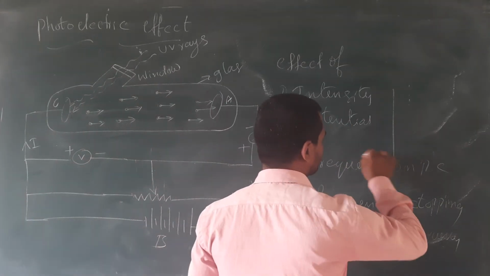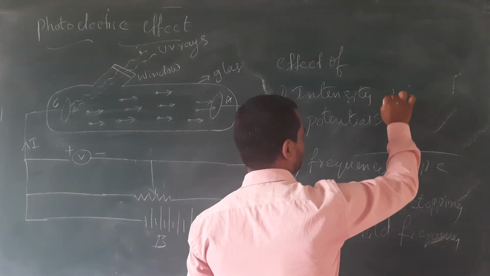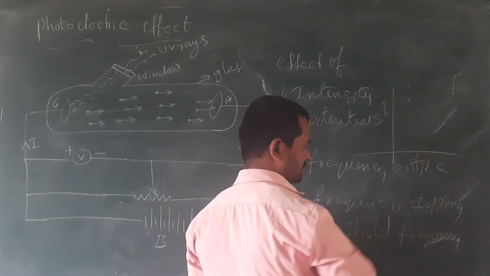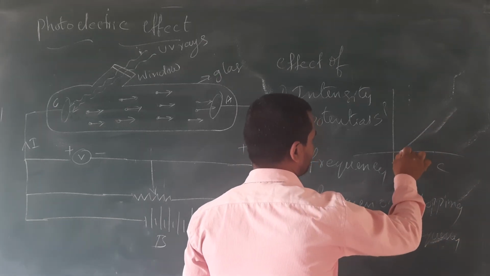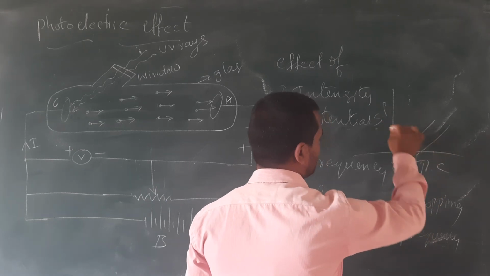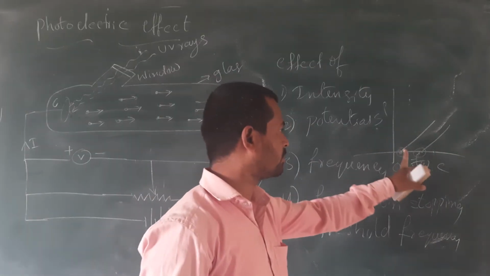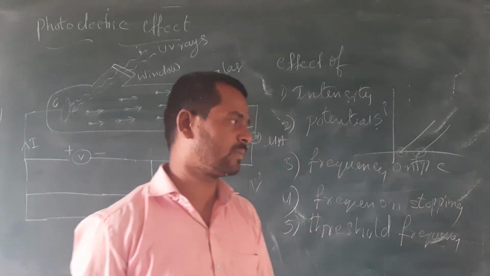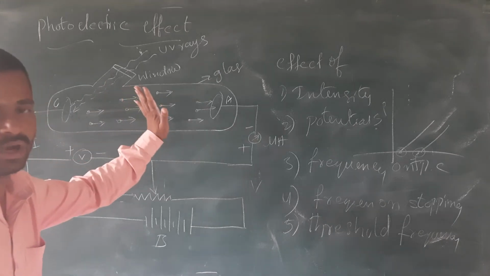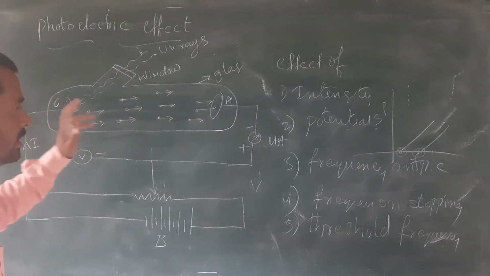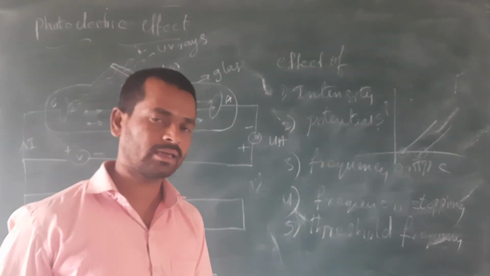In the graph plotted between stopping potential versus frequency, the minimum frequency is called threshold frequency. So first we must keep the diagram in mind. This diagram is very important, and then you have to explain it. Okay, thank you.